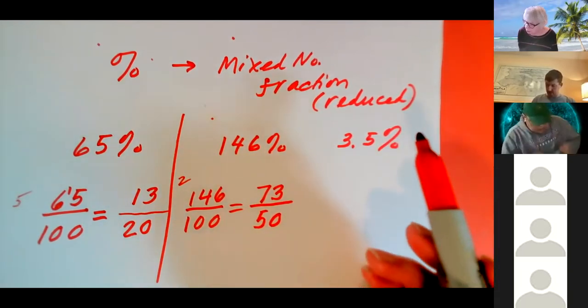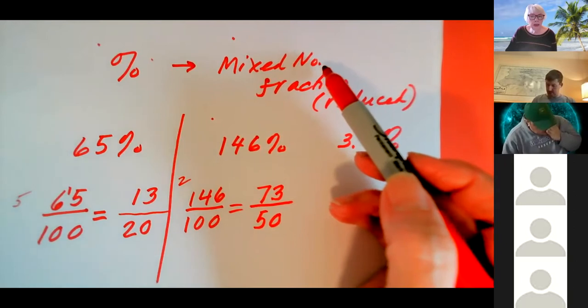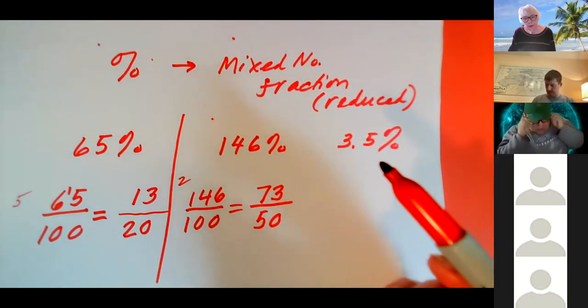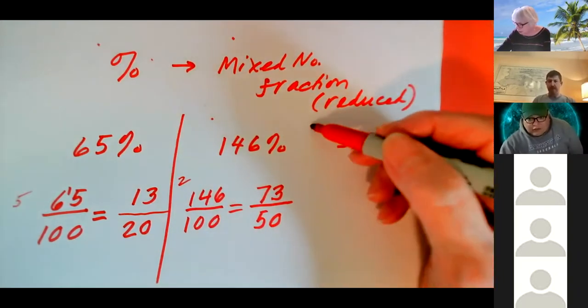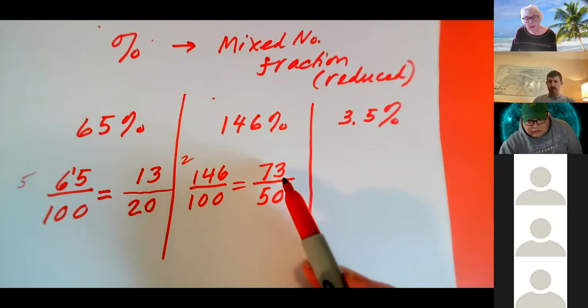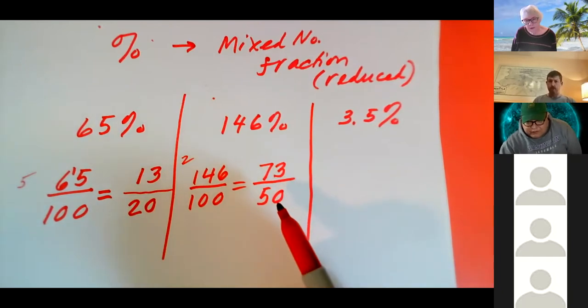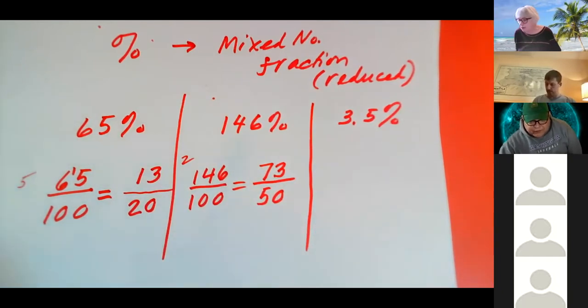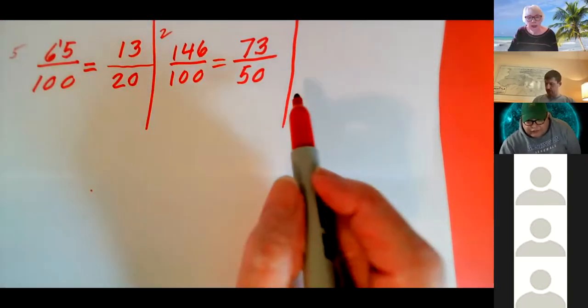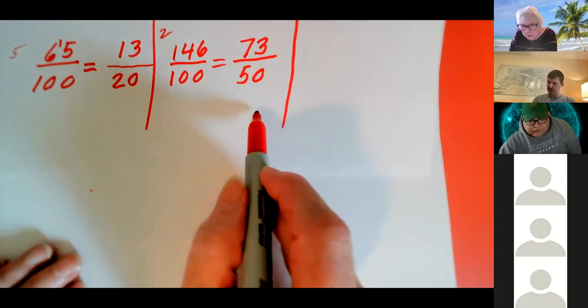Now, the instructions up here said mixed number. Okay. 3 and 1/5. So this is 73 divided by 50.